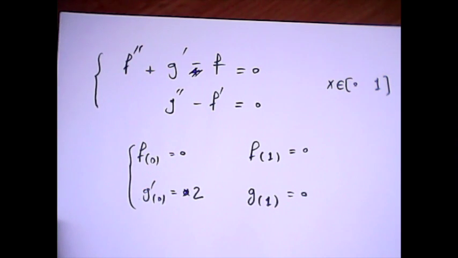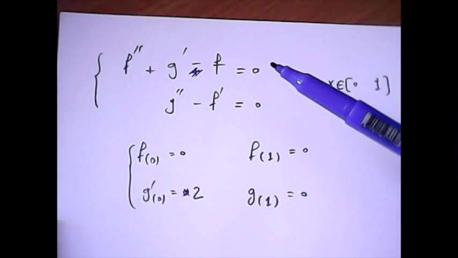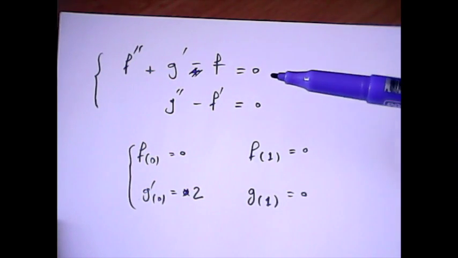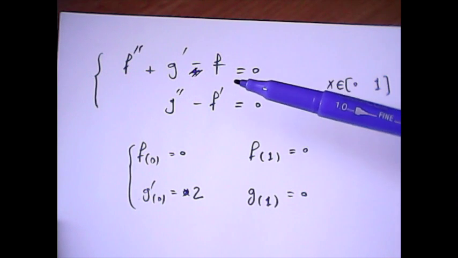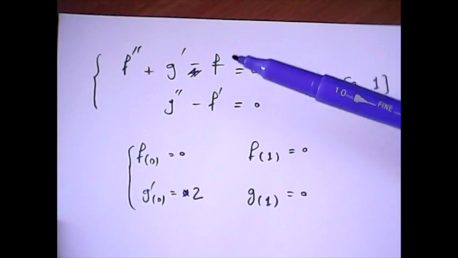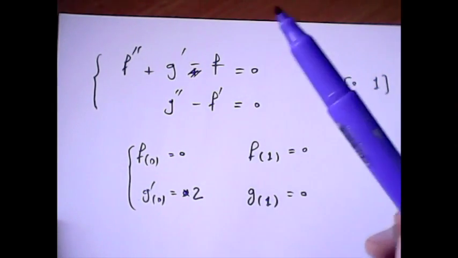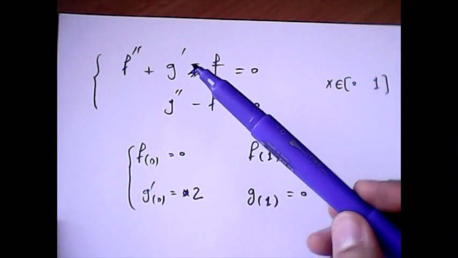So I said it is ridiculously simple to solve this specific system of equations. Let's see why. What I would like to do is to decouple these two equations. Right now they're coupled: in each one of them we have g and f. I want to end up with at least one equation which only has f or g.